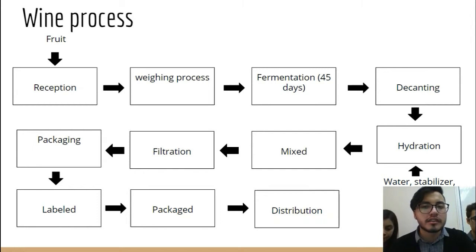These are packaging containers, big containers that are mostly made of carton or wood. And finally, we have the distribution. In the distribution, they manage to distribute all around Ecuador, since all the fermentation occurs in big fermenters, so they can provide for all the places.